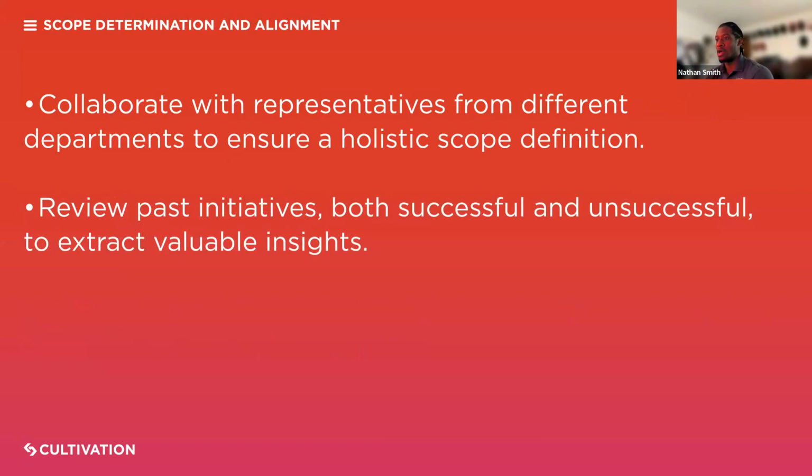Some are a little bit more, let's say, seasoned when it comes to how they do business. So you want to determine the scope and connect with representatives from different departments to make sure that you're understanding what the future of the business actually holds, and how every single department works together to make sure the business is running smoothly.